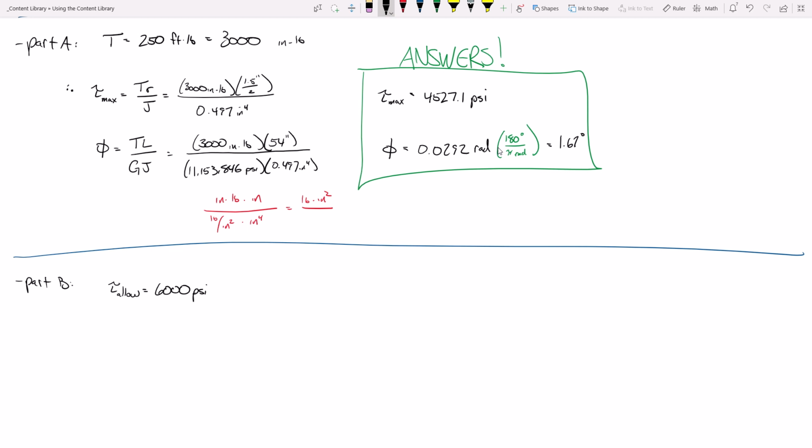Well, let me see something. How do we determine T max? We just did that. How do we do it? Do we know J? Do we know R? So if this is the maximum allowable stress and we need to determine the torque that will generate that stress, what do we do? Solve that equation for T, right?